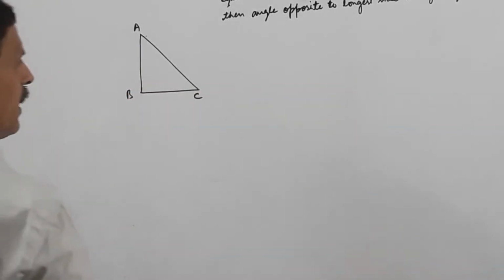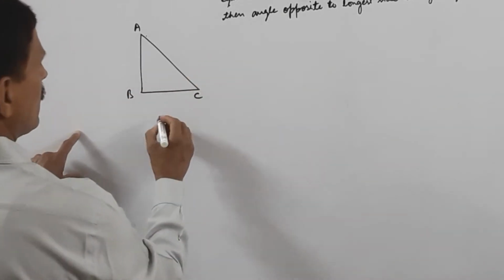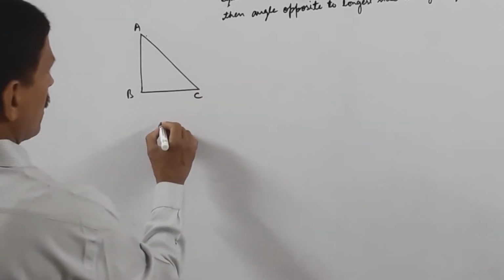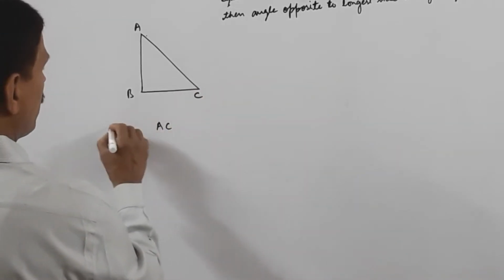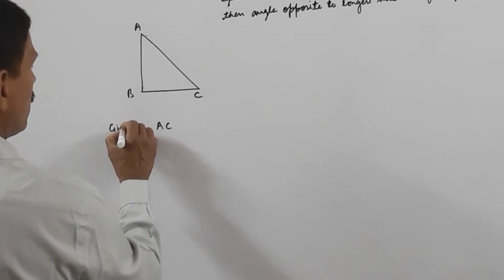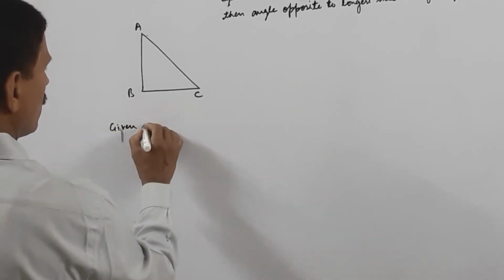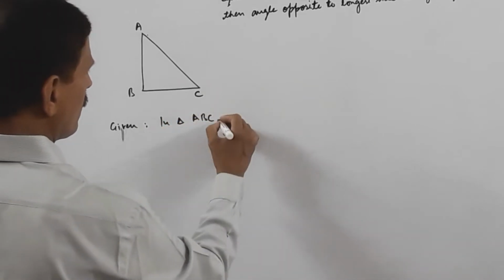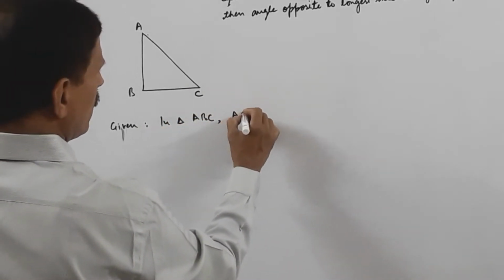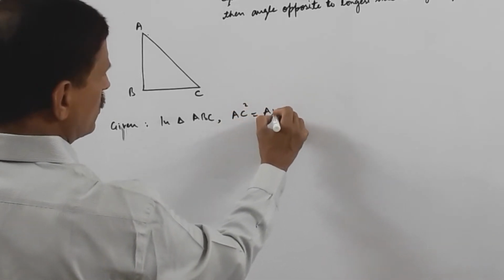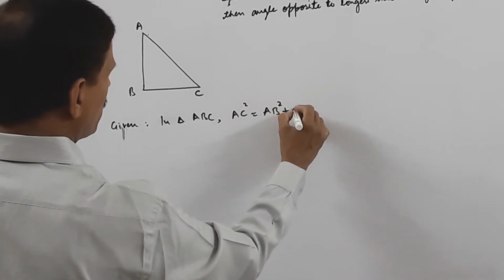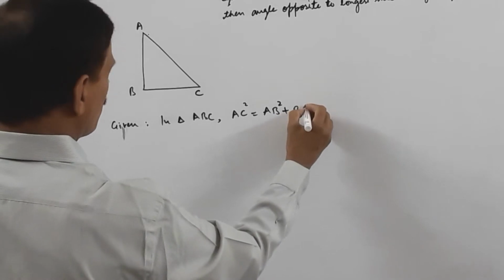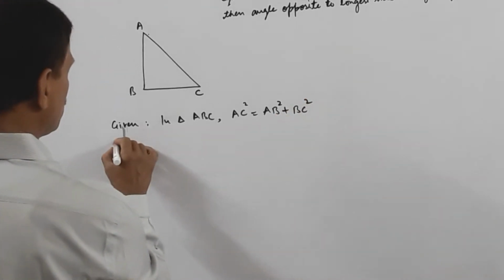ABC is a triangle in which given, in triangle ABC, AC square is equal to AB square plus BC square.